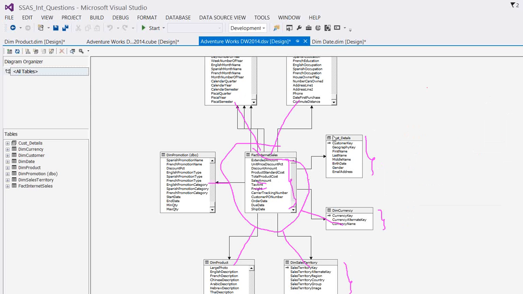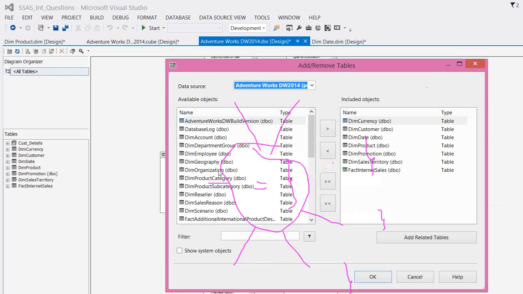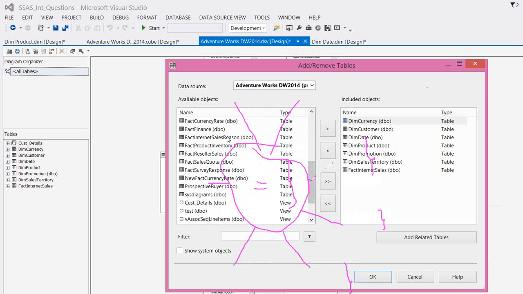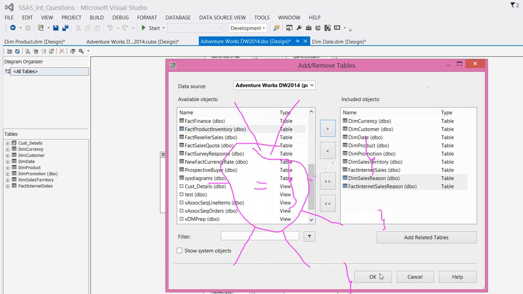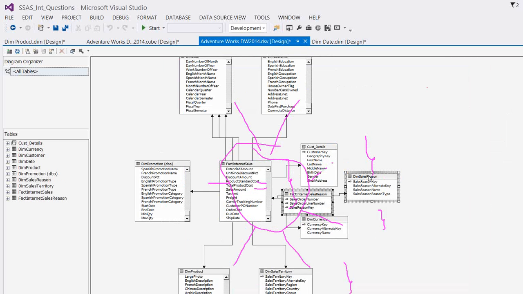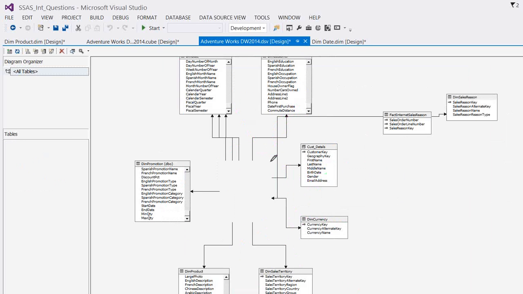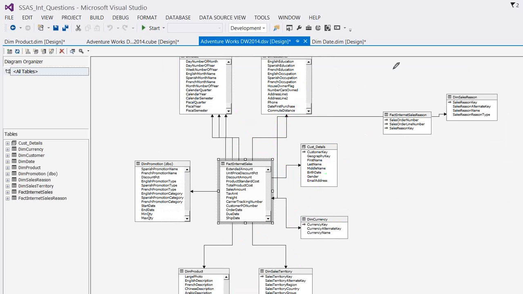If I add sales reason and fact internet sales reason, these two tables will convert the star schema into a Snowflake schema, because the fact table here is not directly related to the sales reason, but it is related to the sales reason through some intermediate table.